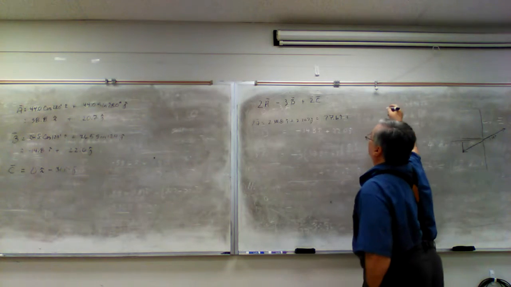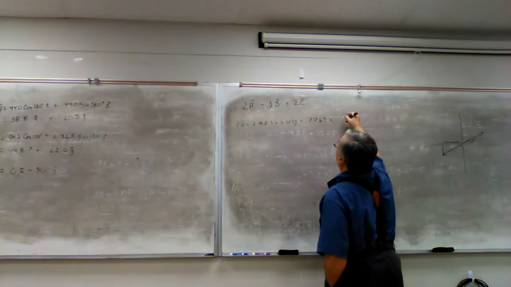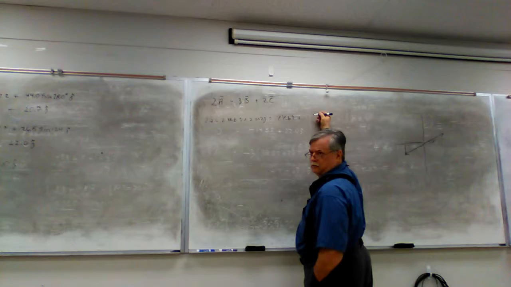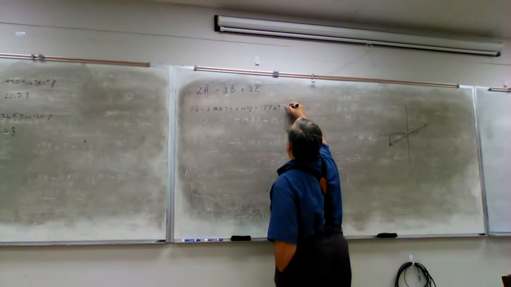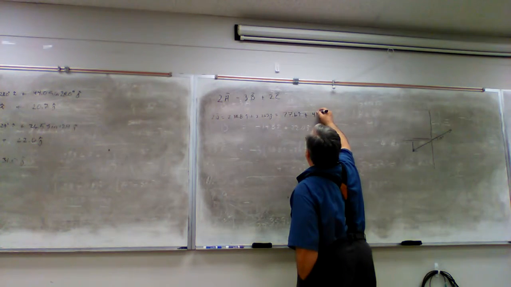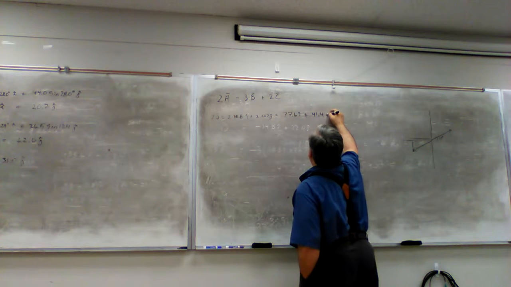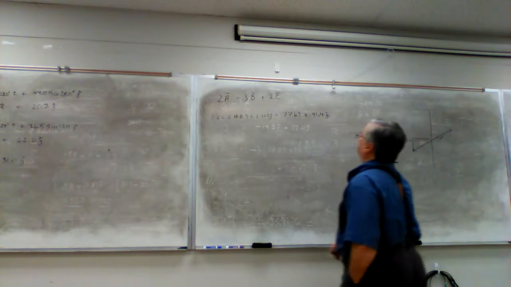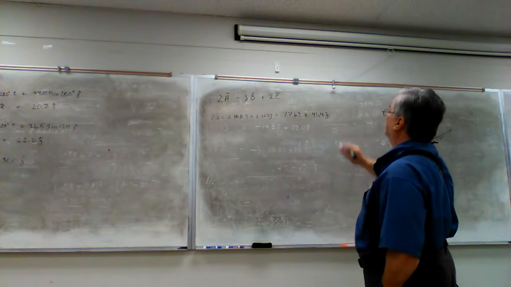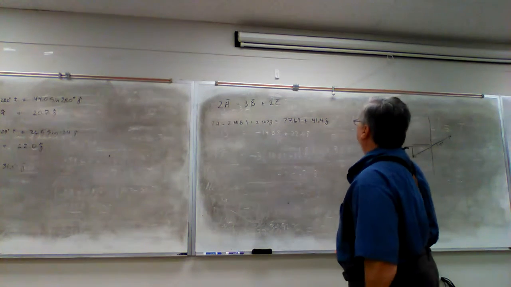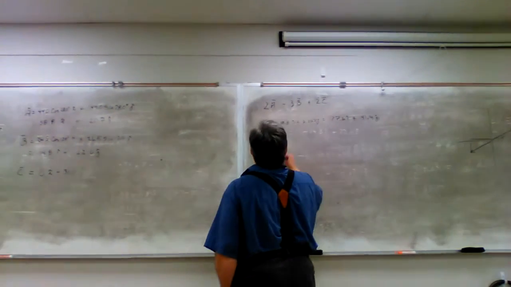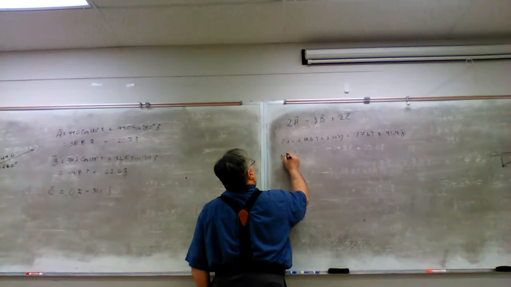And 2 times 20.7, 41.4. Okay, so we've got 2 times A is 77.6I plus 41.4J. Now we need 3B.